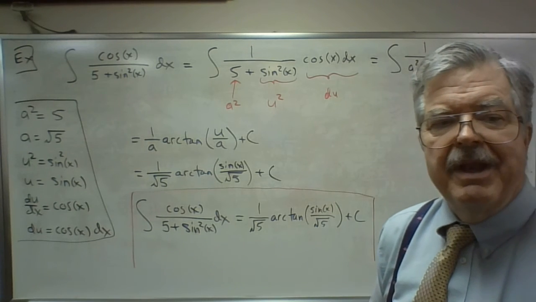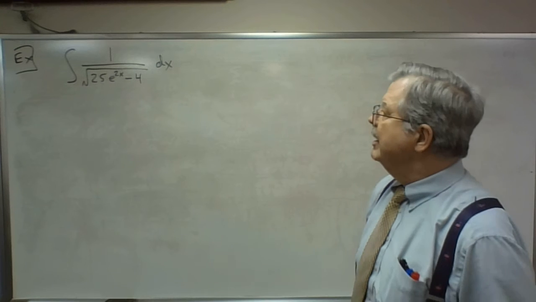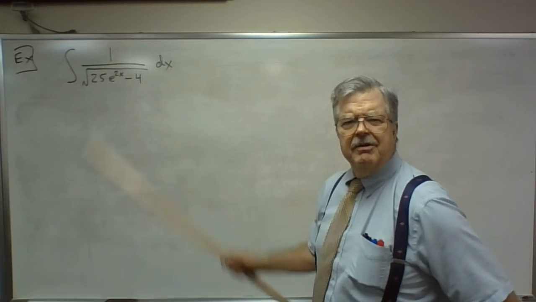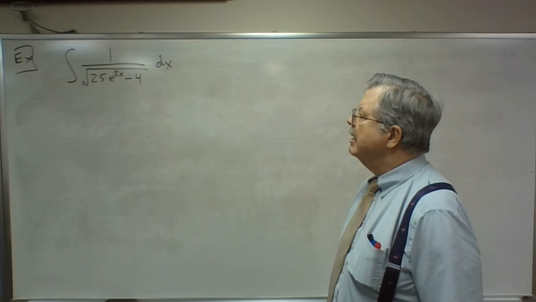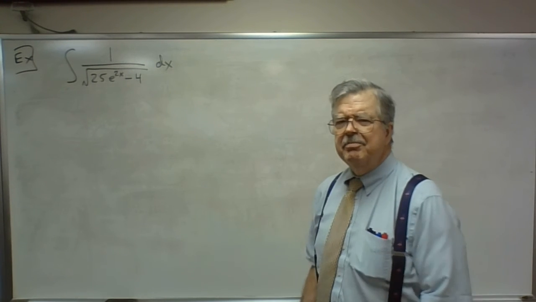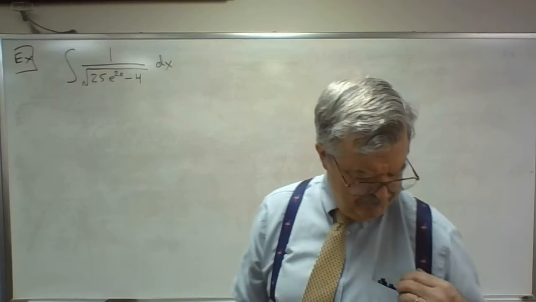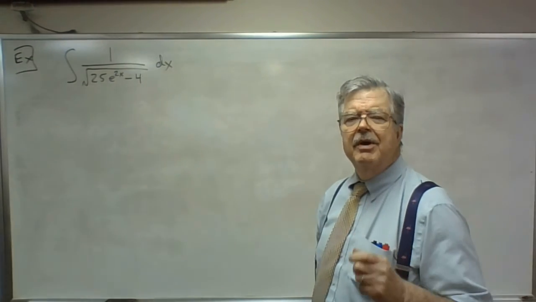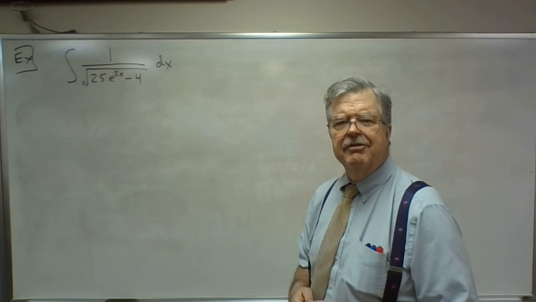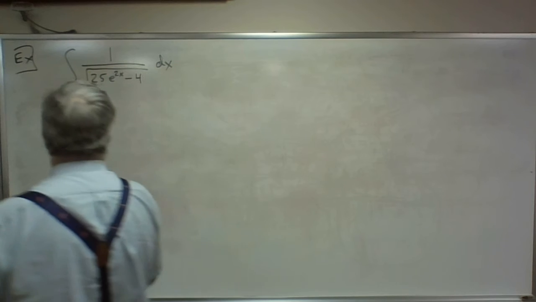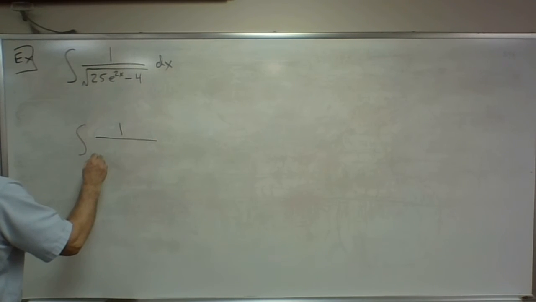Now, let's get a little bit nastier in our examples. Here's a good one to look at. Now, let me just play devil's advocate and say that we don't try to match it up with one of the formulas that yield an inverse trig function. Maybe we want to do just straight U-substitution.